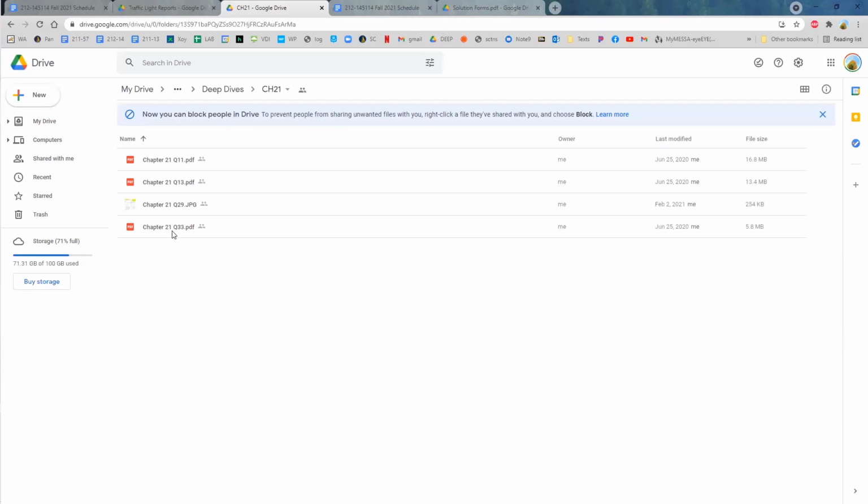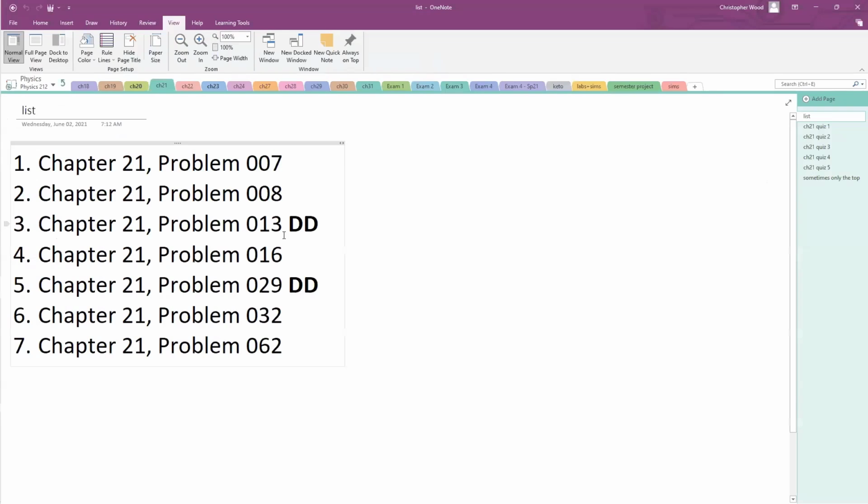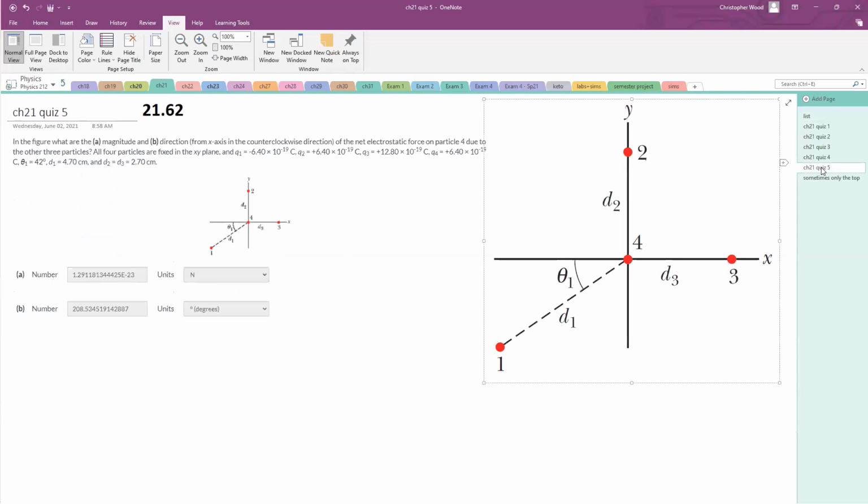Well, I think some of these, let's see, but there's the deep dive repository. For chapter 21, there are 2 deep dives. So there are 7 homework problems. Of the 7 homework problems, 2 of them are deep dives. And of the 5 that aren't deep dives, we're doing all of them now. So that's what this is. Deep dives are there for the other ones.